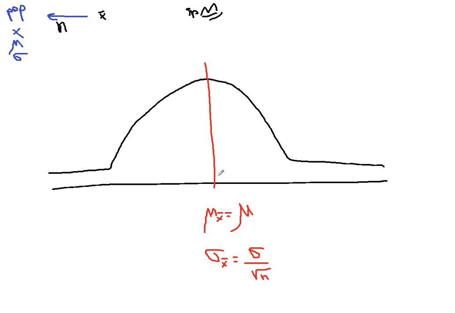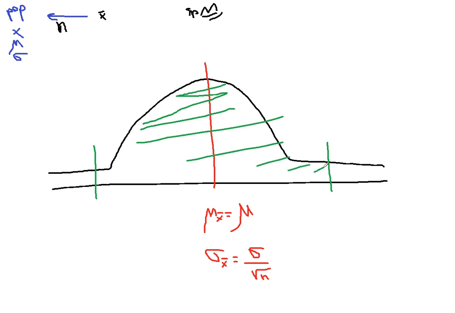now here's a question. If I want to find two values here and there, such that what's covered in between, so this shaded area, all of this, is actually 95% of all the x bars.